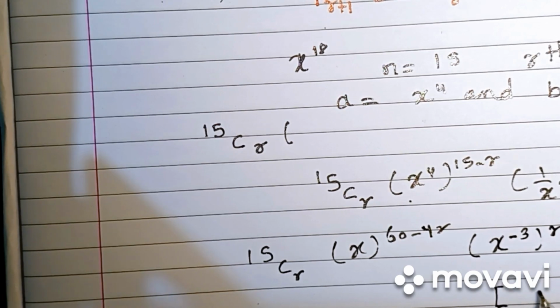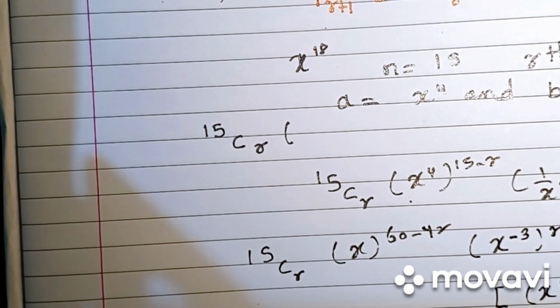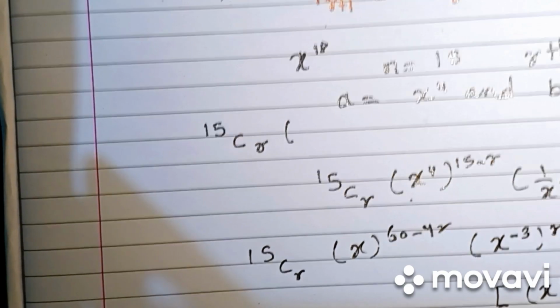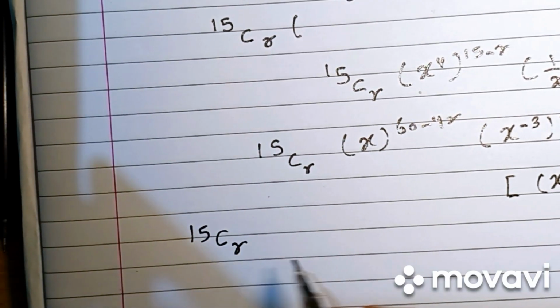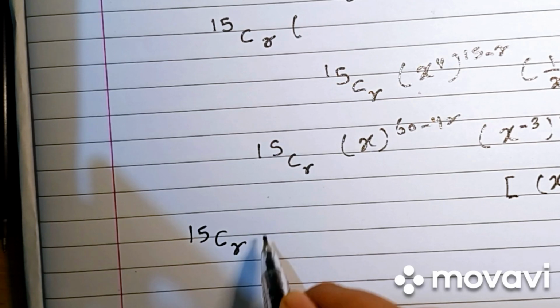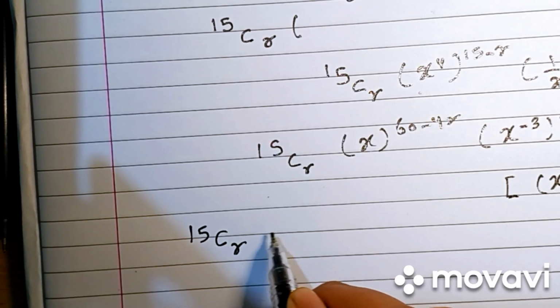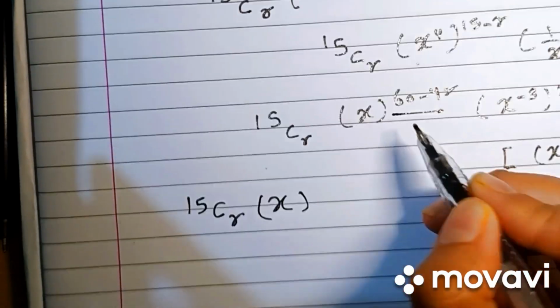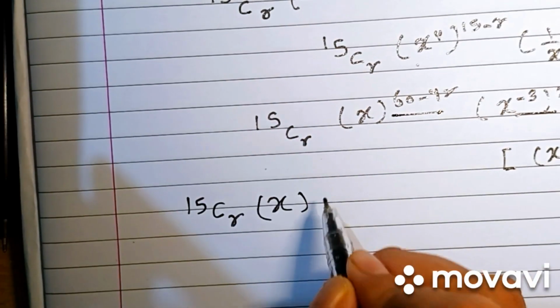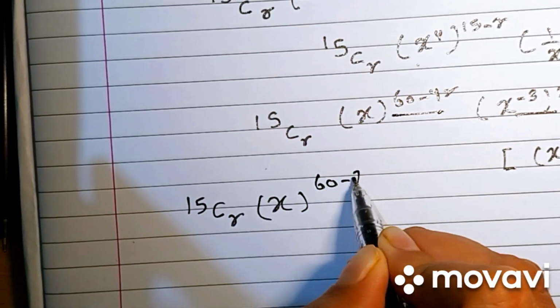The formula applied is (x to the power a) to the power m will become x to the power am. Now let's simplify it. It will become x to the power 60 minus 4r and minus 3r, which add up to 60 minus 7r.